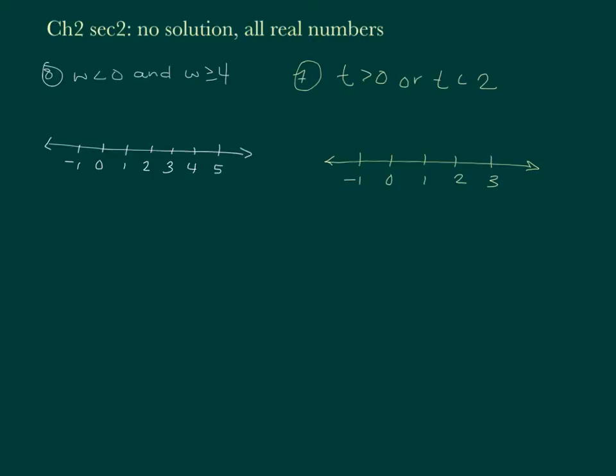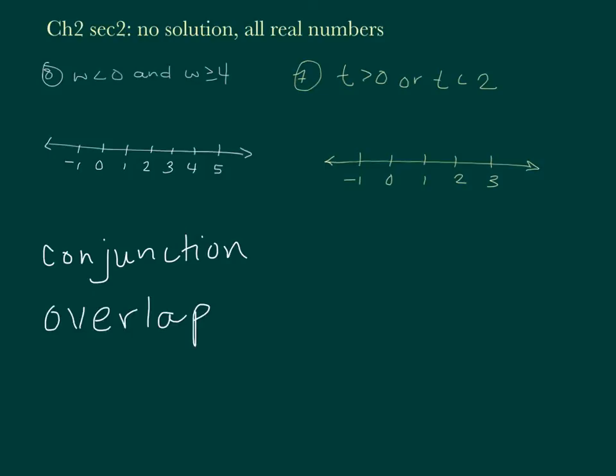First, let's remember that and is the conjunction here. And let us also remember that conjunction, or and, means that I'm looking for the overlap of the solution sets, which is just like in our Venn diagram representation.